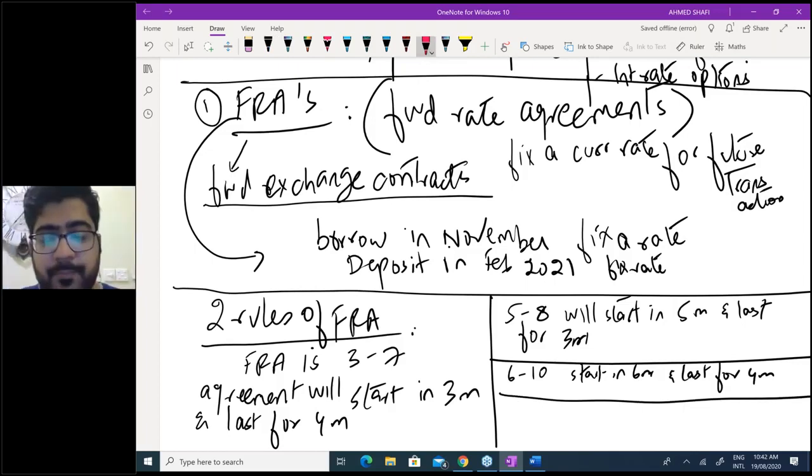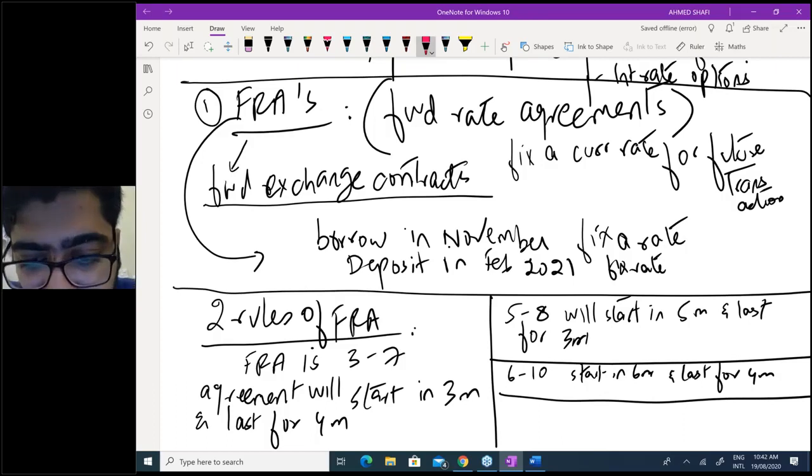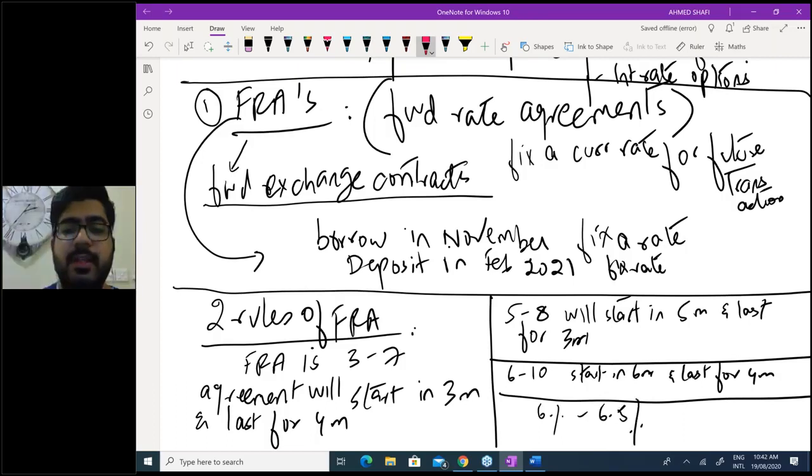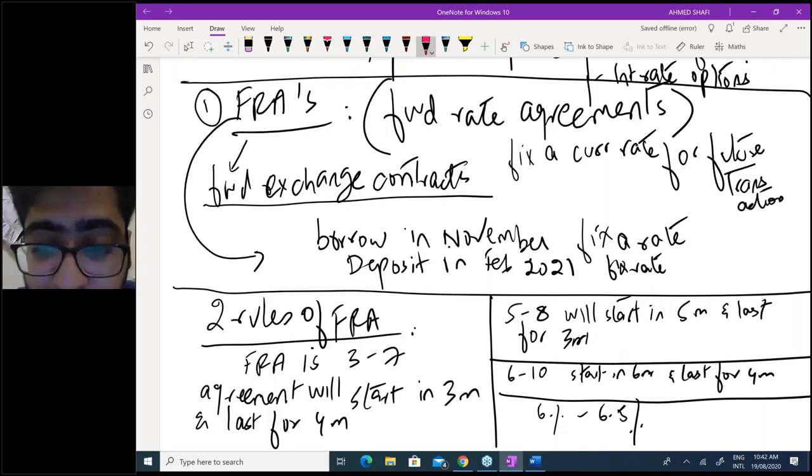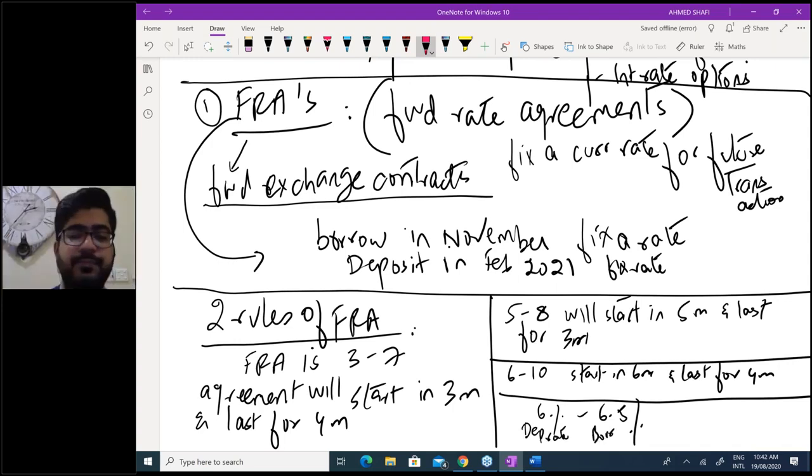Okay, and rule number 2. If 2 rates are given, 6% and 6.5%. In currencies, 2 currency rates were given and it was difficult to guess the buying and selling rate. Okay, similarly with interest rates, when 2 rates are given, remember the lower one is always the deposit rate and the higher one is always the borrowing rate.